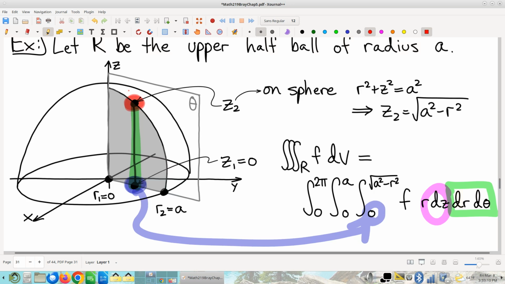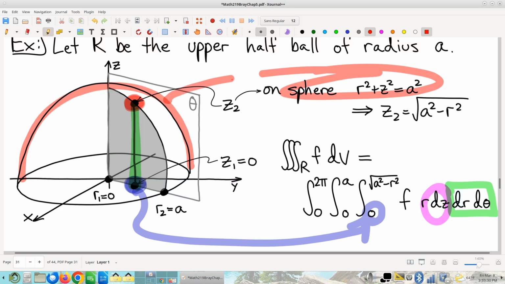Now here we're going to have to do a little actual work. That upper bound point is on this sphere. Now again, the picture is what tells us that, right? So the picture is really important. Make sure you always have a good picture. What's the equation for that sphere? Well, I've got to write the equation for that sphere in cylindrical coordinates. Flashback to chapter 1 where we talked about such things. And there it is.